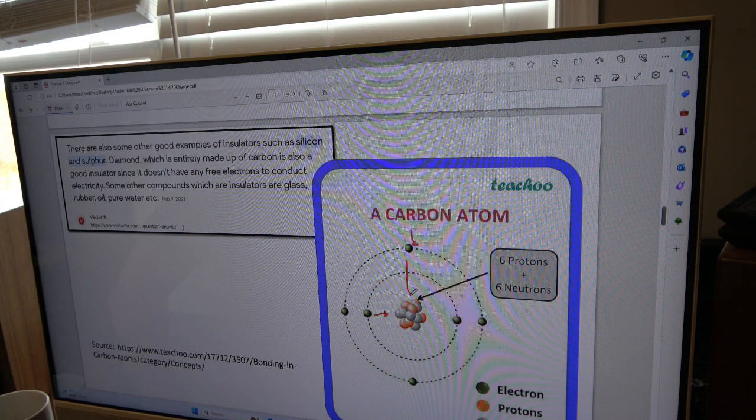They're all close to their protons, and they're very, very attracted. So to free one of these electrons, to bounce it off, to move on, to create an electric current, to carry that charge, is really, really hard to do. Maybe a bolt of lightning might do it. It would take a lot of electromotive force. This is an insulator.